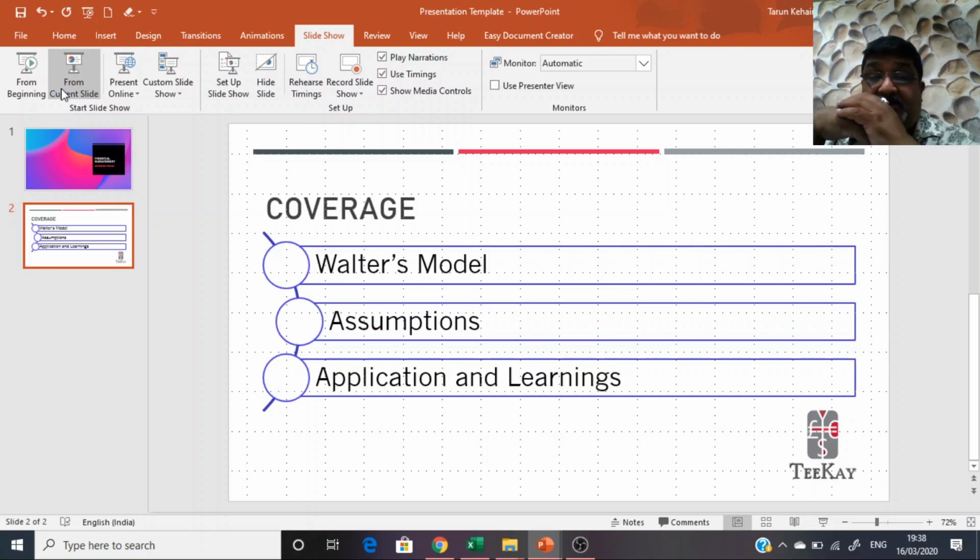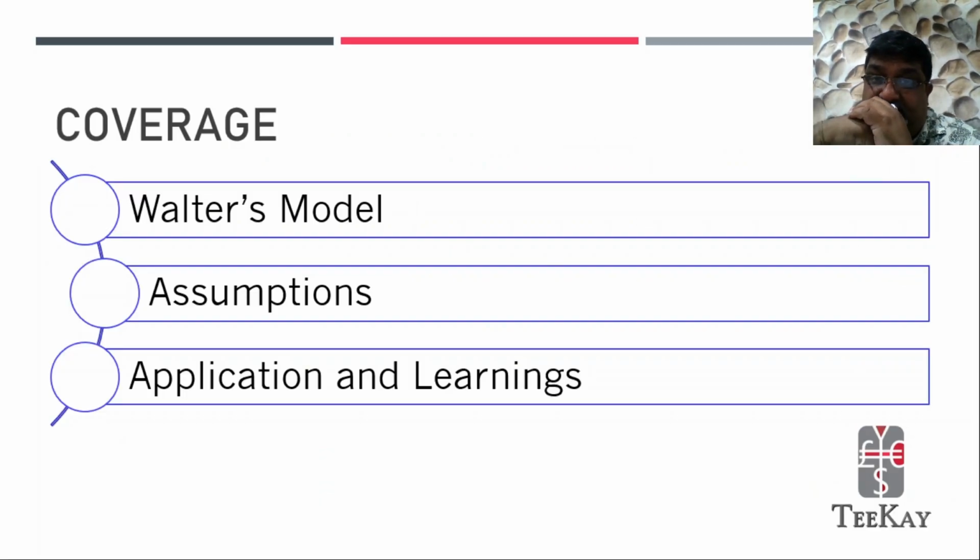and also the application of the Walters model and the learnings out of the Walters model. So if I were to ask you a question, or if you are asked this question in your placement interviews, does dividend policy impact share price? I have seen this question being asked. Now you should have absolutely no confusion in answering. The answer is yes. How does dividend policy affect share price?